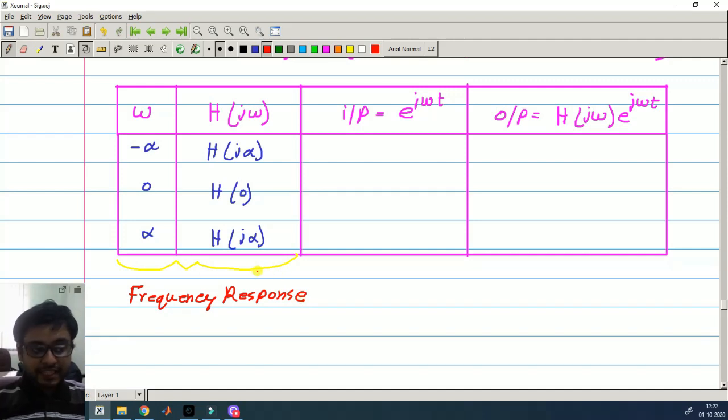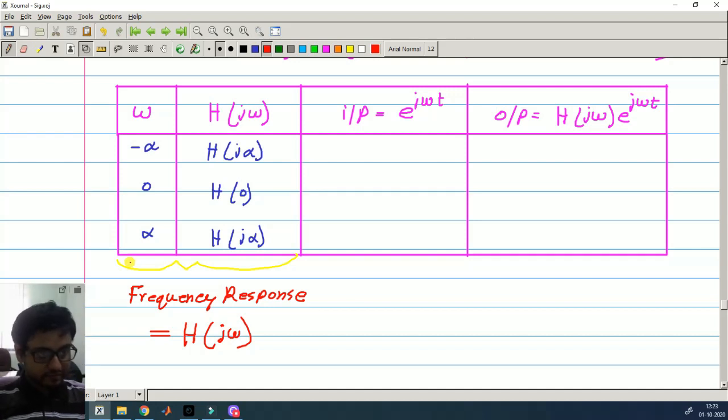Basically, it tells me how the output or response will be for different input frequencies. In fact, it is enough to know this function capital H of j omega. If I know this function, then I know what the output will be for exponential inputs with different frequencies.